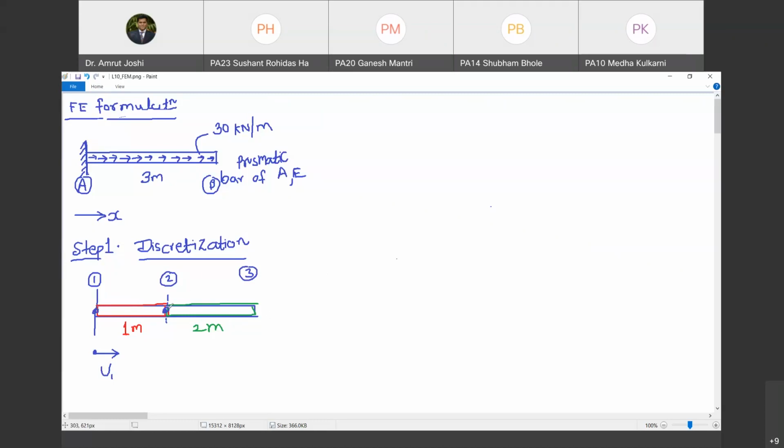The second element has a node here and here. One node is common to both the elements. Therefore, I have discretized the continuum by two, two node 1D elements.